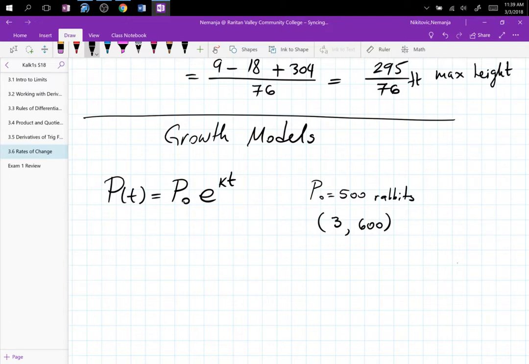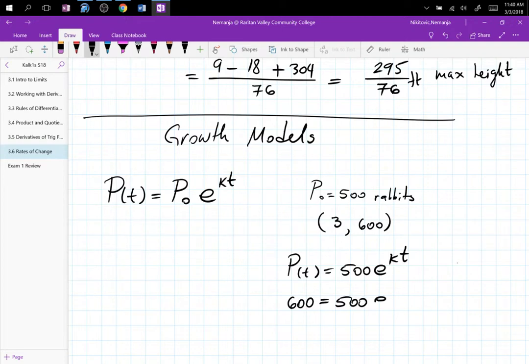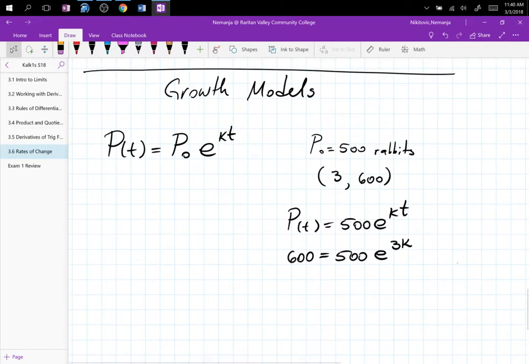So we know that the P0 is this, so you will say P of t is equal to 500 e to the kt, and then the next data point is 600 is equal to 500 e to the 3k, right? Because the time is 3 years. You have 600 rabbits. And as you can see, the only unknown quantity is k in this case.